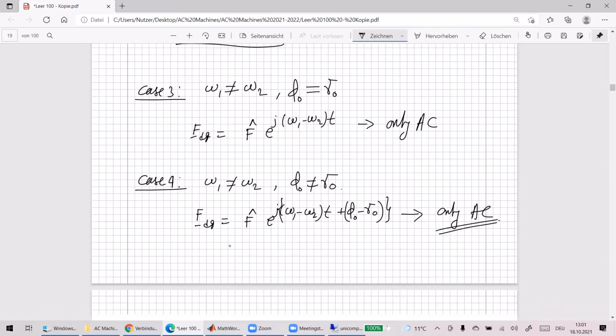Why? Because if you want to write it like this, you will write cos of (omega 1 minus omega 2) into t plus phi naught minus gamma naught. So it is inside the cos, right? So it has only AC. That is why I was just thinking whether to make this two conditions or not.